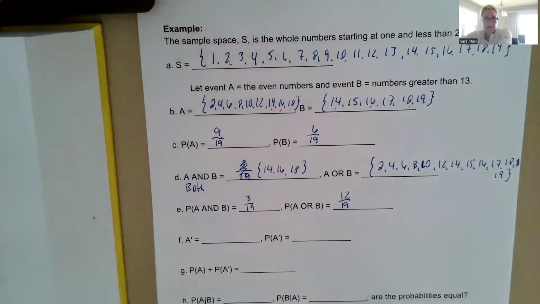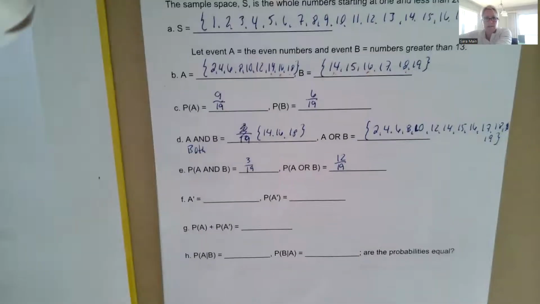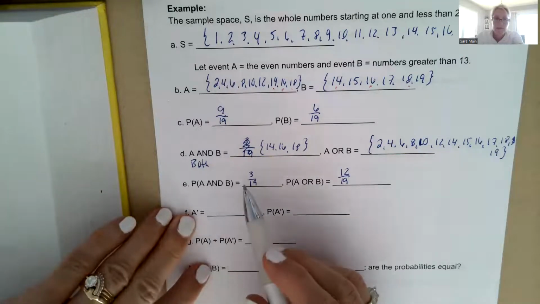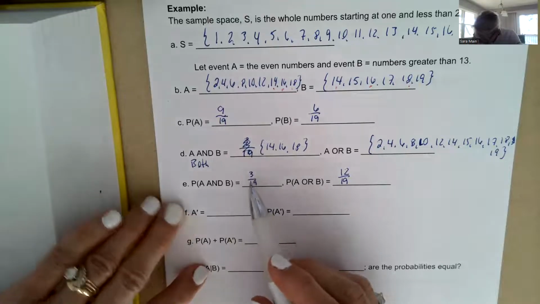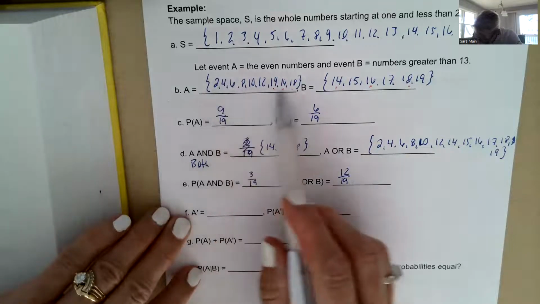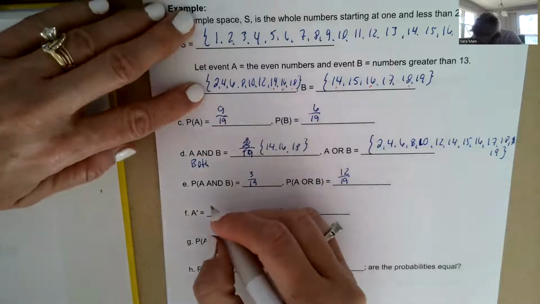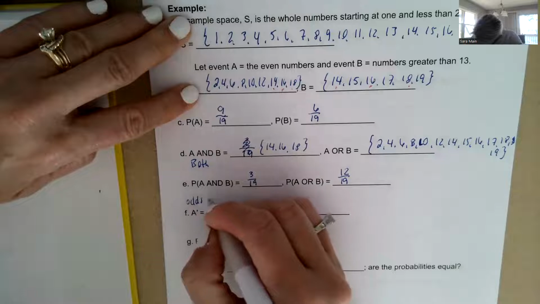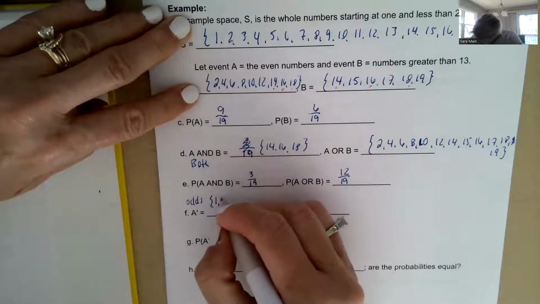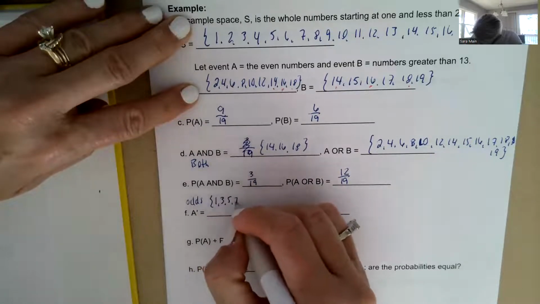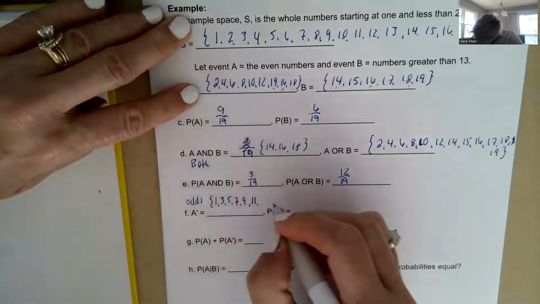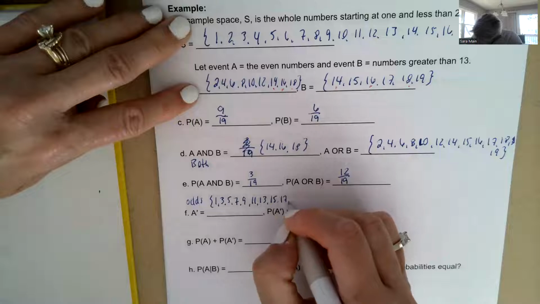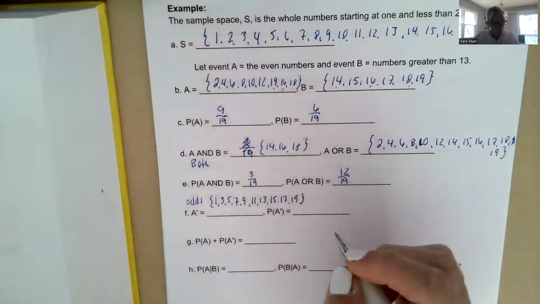F says, what is the sample space for A prime? So A prime is anything not in A. So all the values that are not in A. So it looks like all of the odds, right? Not in A would be all of the odds. That'd be 1, 3, 5, 7, 9, 11, 13, 15, 17, and 19.